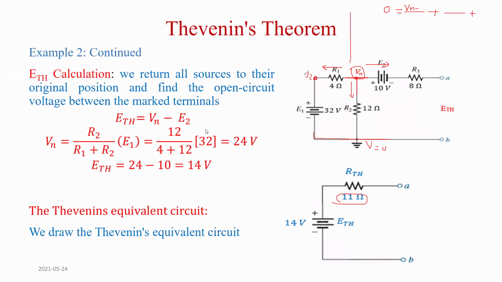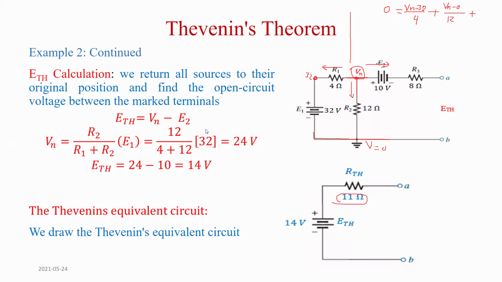The voltage minus the voltage gives me the voltage across the resistor, divided by 4. Then the current going down in R2 is Vn minus 0 divided by 12.